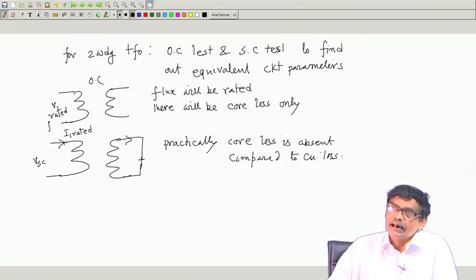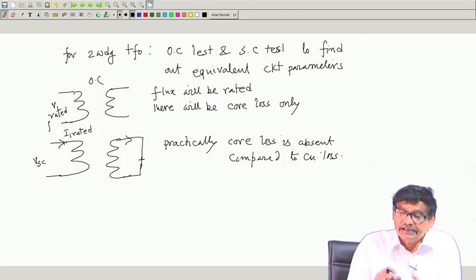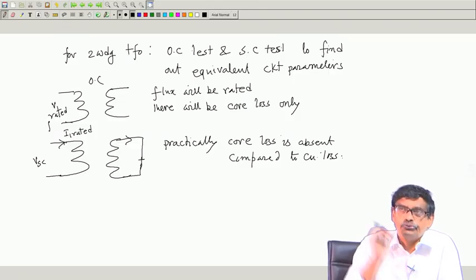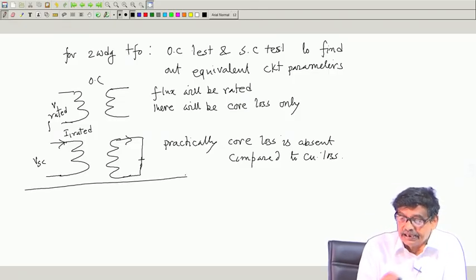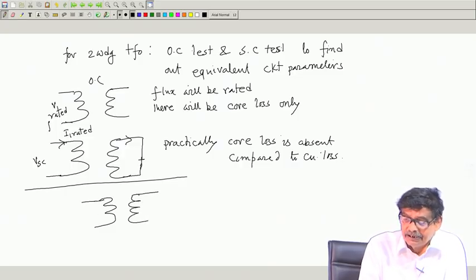Okay. And when the transformer will be in use, this I told during test, but I am once again repeating, it is better to repeat, keep these points in mind.